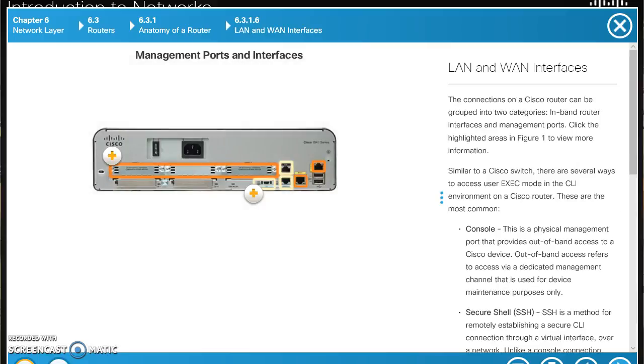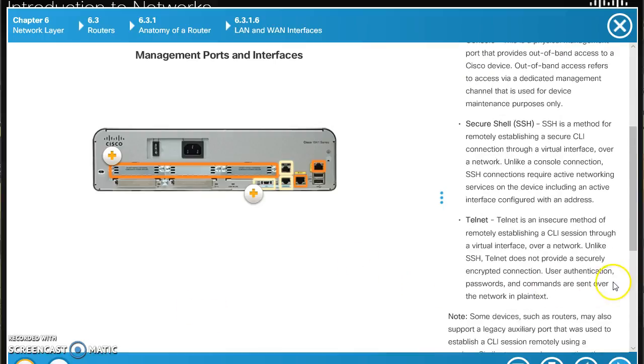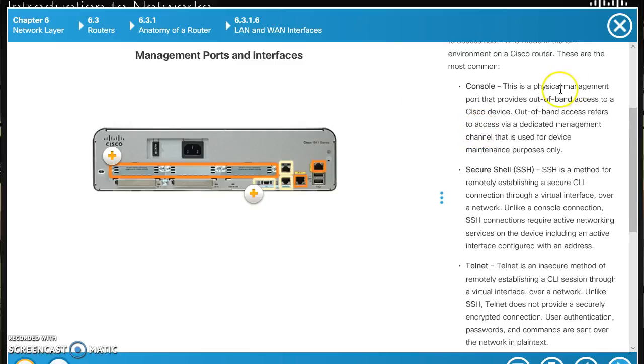A router has WAN or LAN ports to connect the various connections between the local or wide area network. You can also console into the router via the console port, SSH, or Telnet.